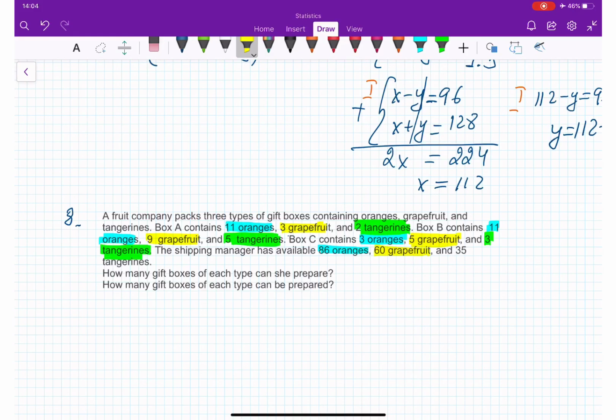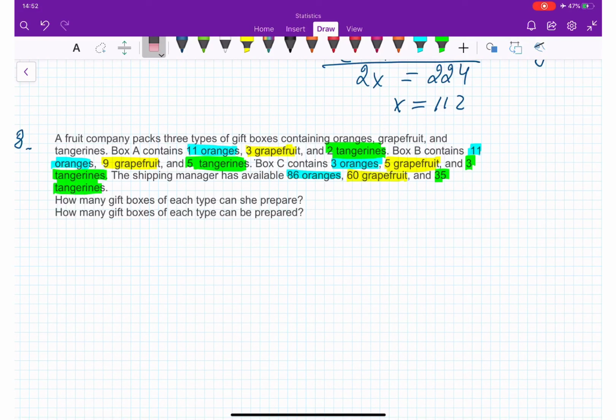Now you will understand why I'm highlighting. And 35 tangerines. How many gift boxes of each type can she prepare? Okay, here we have the same question twice. Therefore, let me clean it.